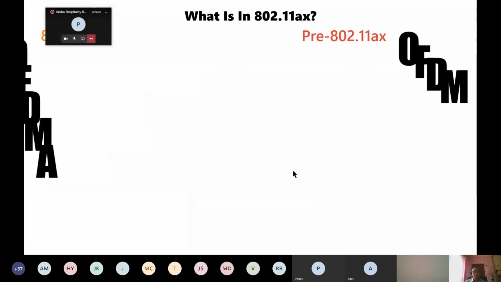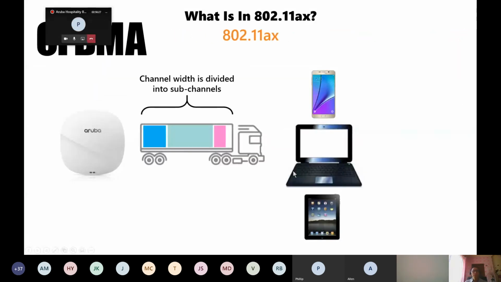What about Wi-Fi 6 using OFDMA? With Wi-Fi 6, what we do with the channel width is subdivide it, or create subchannels, and allocate different clients to different subchannels. These subchannels are called resource units in Wi-Fi 6, and the smallest is RU26.